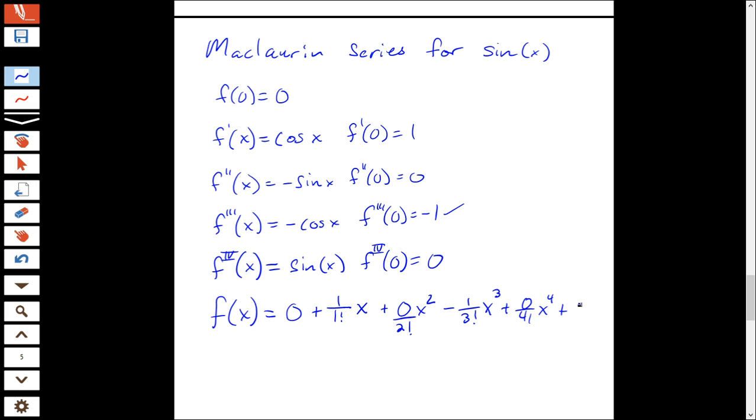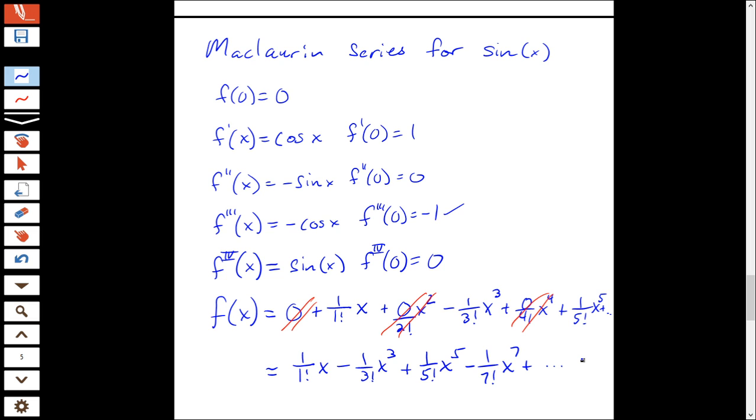The next one is going to be plus 1 over 5 factorial x to the fifth, and so on. So if I get rid of the zeros, the terms that are not supposed to be here, it looks like it's 1 over 1 factorial x minus 1 over 3 factorial x cubed plus 1 over 5 factorial x to the fifth minus 1 over 7 factorial x to the seventh, and so on.